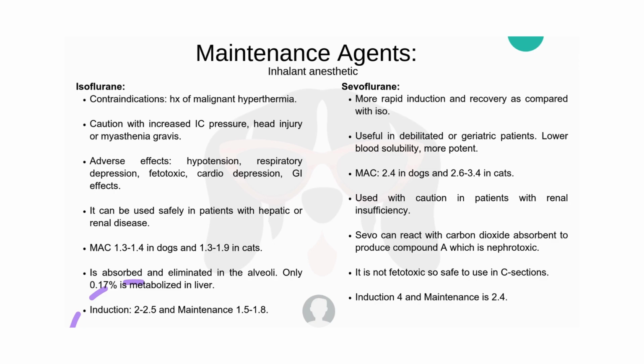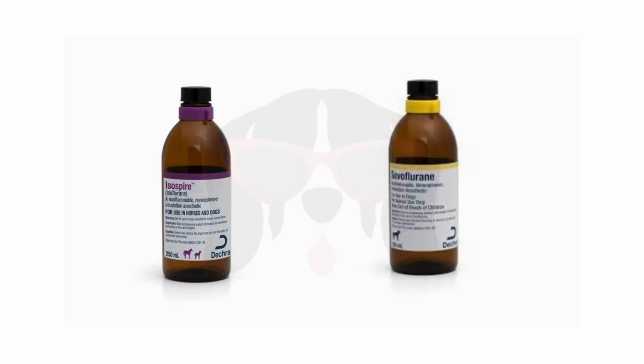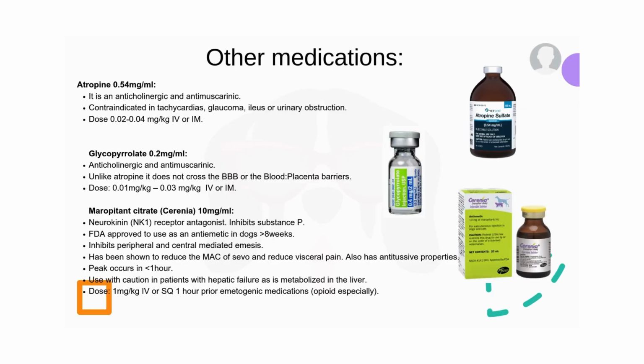That way you can give reasoning behind everything you do the day of your examination. If you don't know how to do it, please go to my previous video. Other medications that you are going to be able to use are anticholinergics, such as atropine and glycopyrrolate, and Cerenia.